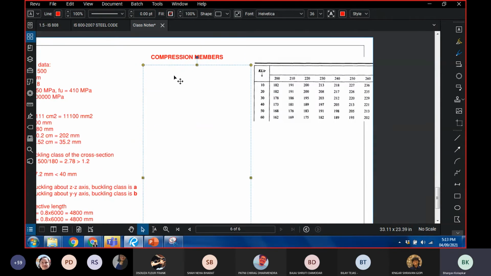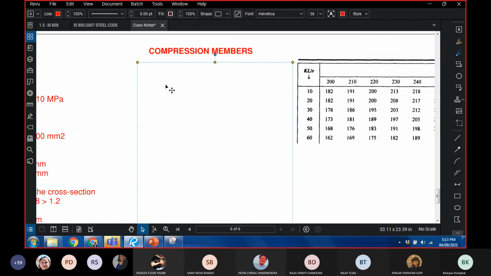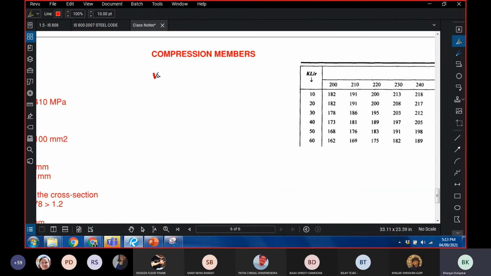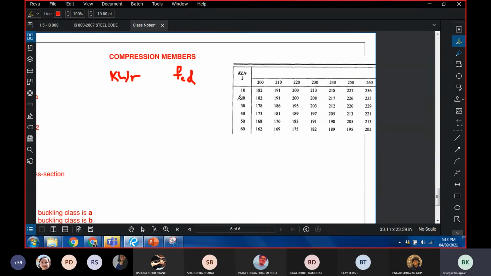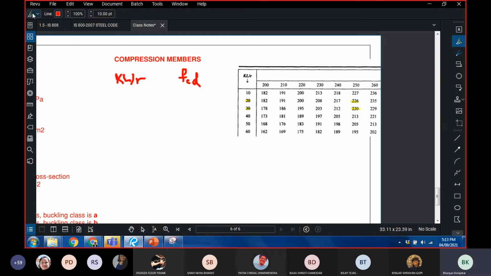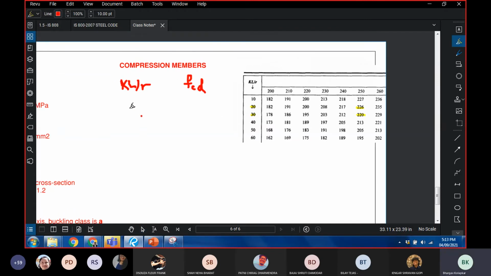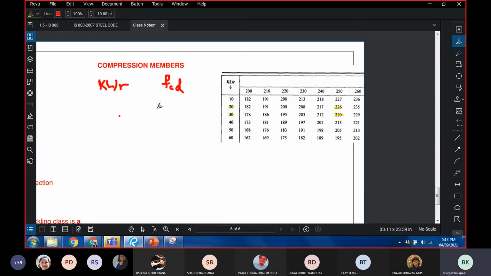So this is KL upon r, and this is fcd. For KL upon r of 20, the value is 226.